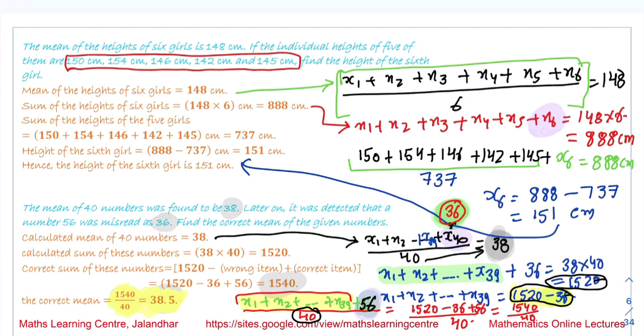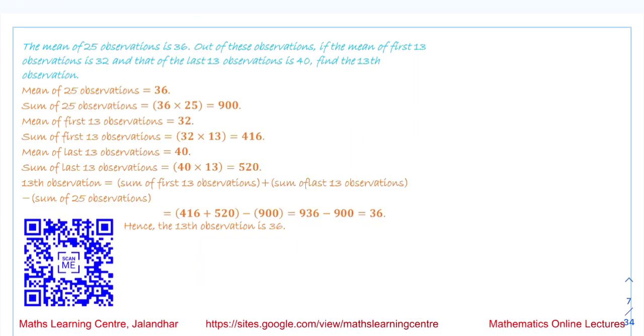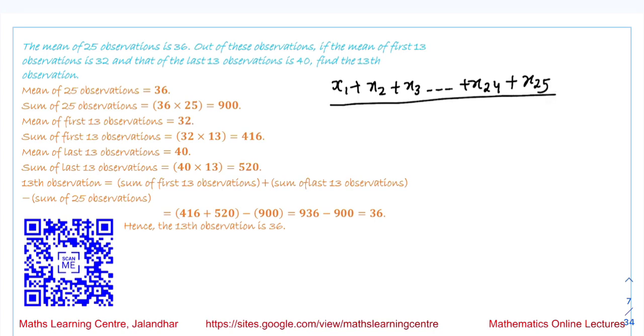Now the next question: the mean of 25 observations is 36. So x1 plus x2 plus x3 and so on up to x24 plus x25, divided by 25, is equal to 36.